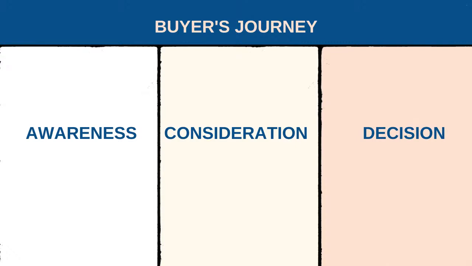When you then come over to the consideration phase, at this part in the journey, your prospect or customer has reached the consideration stage where they have a more complete understanding of their problem, but they haven't yet decided on identifying the solution. So your consideration stage is about giving them options.